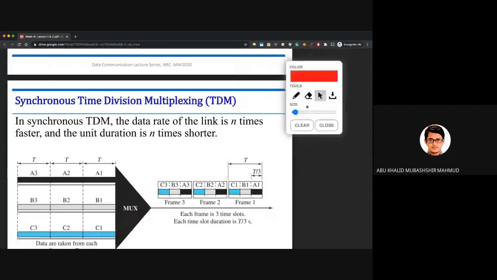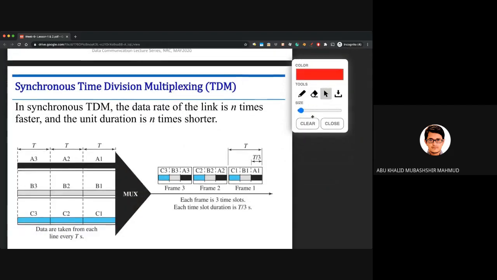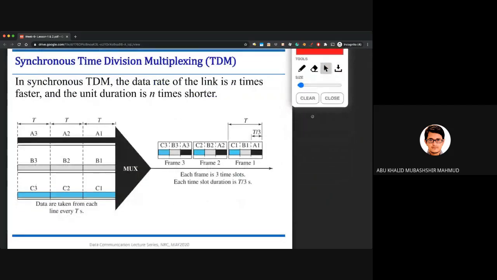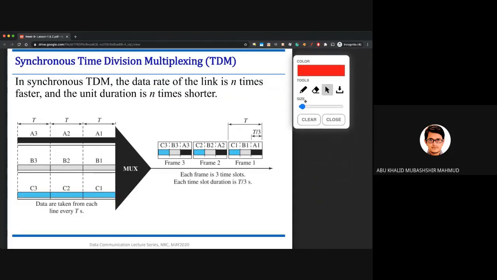And then when we are ready to send via the mux, we combine this structure and form a channel.